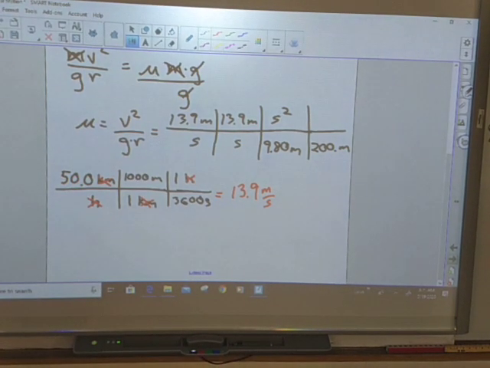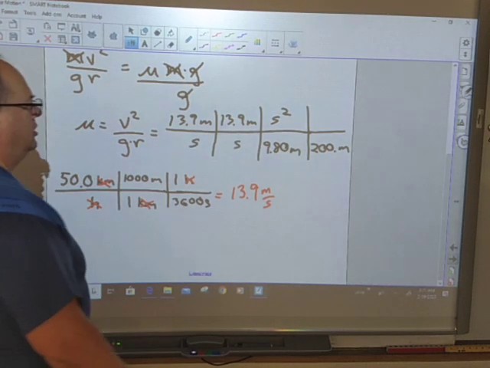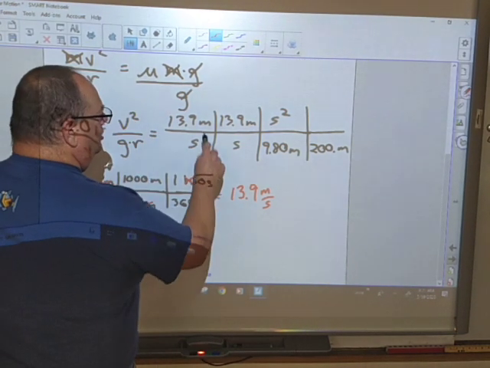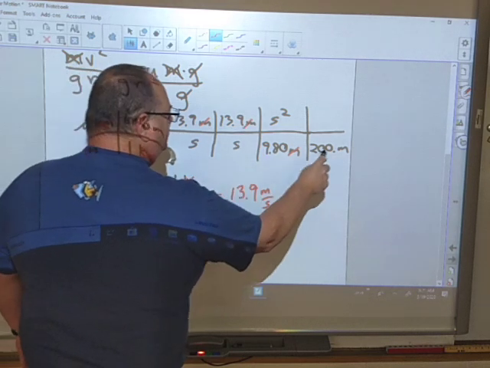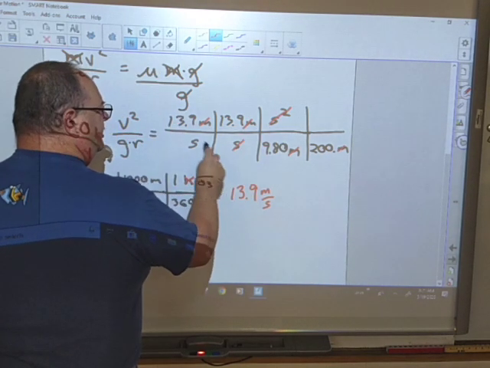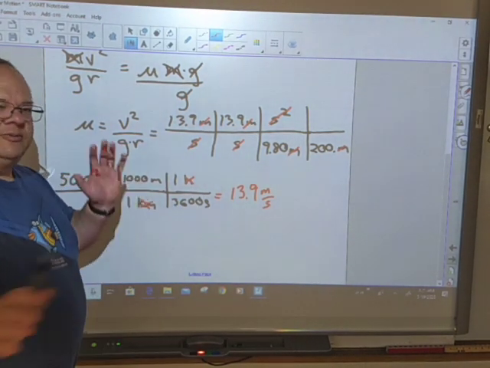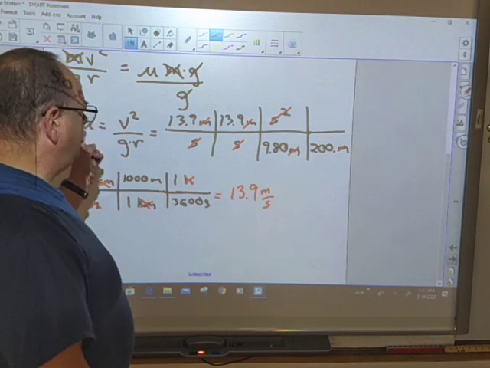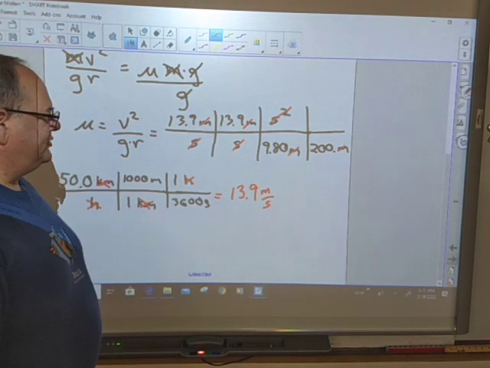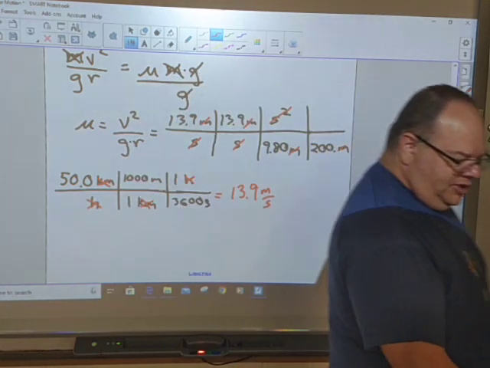Let's look at labels. Meters, meters, meters, meters. Second squared, second squared. All the labels are gone. Hey, that's good news because this is a coefficient of friction. It doesn't have any labels. It's a ratio.